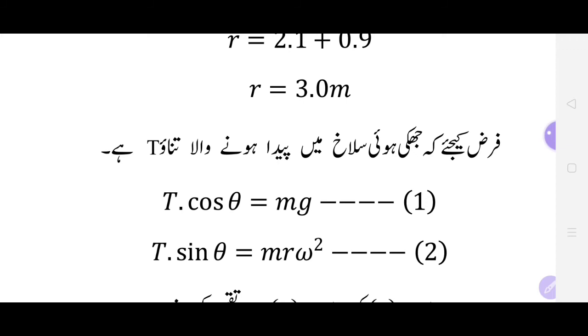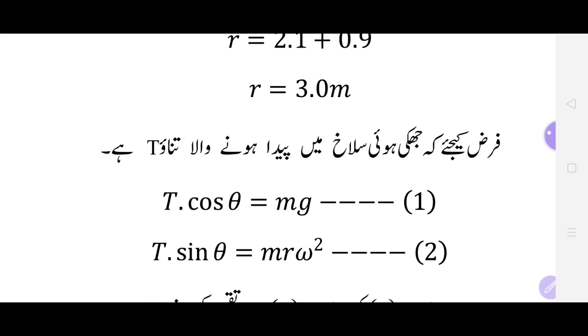Now we know that the vertical component T cos theta will balance by the weight mg, and the horizontal component T sin theta will be balanced by the centrifugal force or centripetal force, which are numerically equal to m r omega square. So along the horizontal line we can compare T sin theta with centripetal force, and along the vertical line we can compare T cos theta with mg weight.